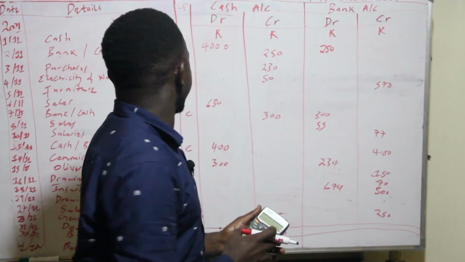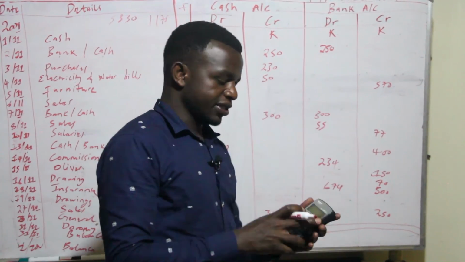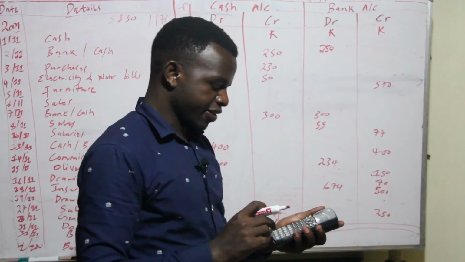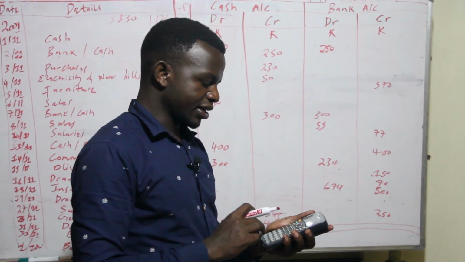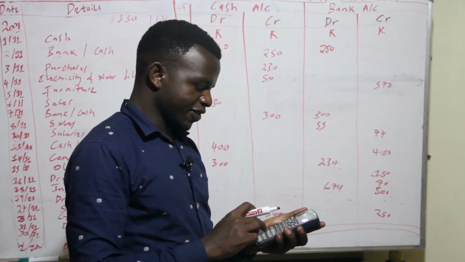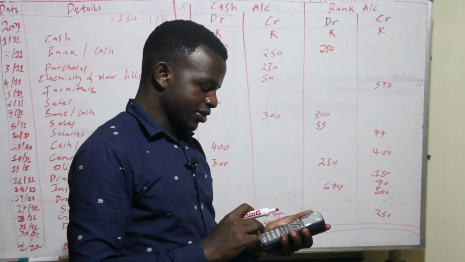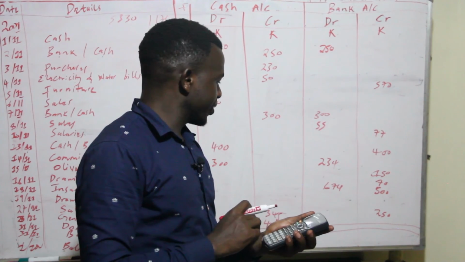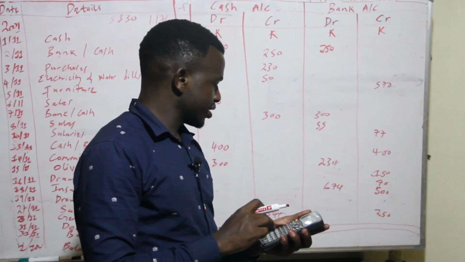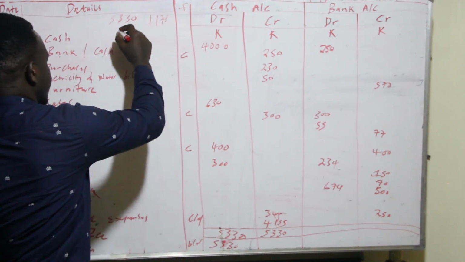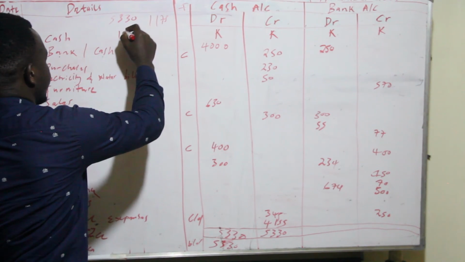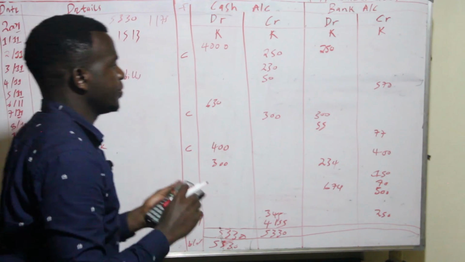So we'll start by adding the debit side of the bank account. So we have 250 plus 300 plus 55 plus 234 plus 674. So I'm having 1,513 on the debit side.